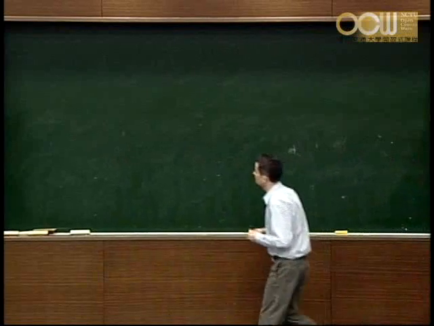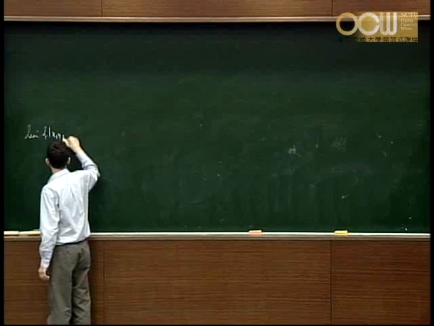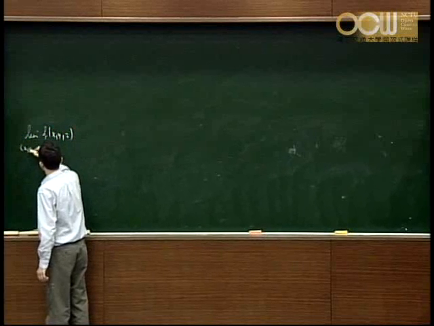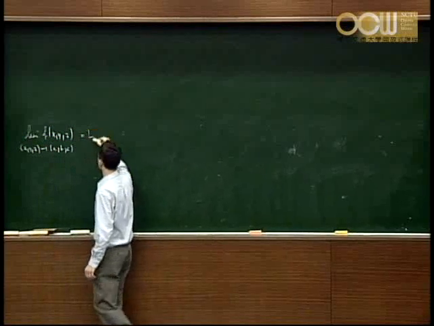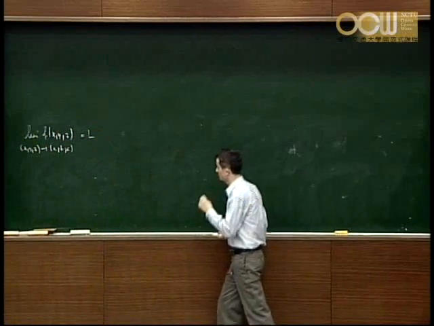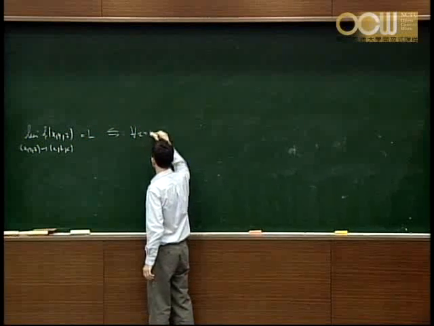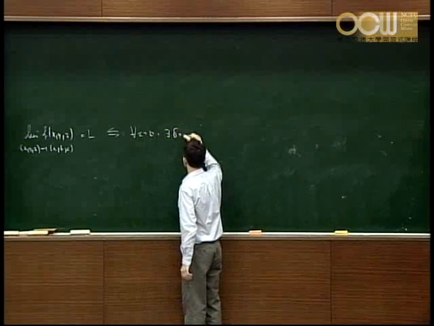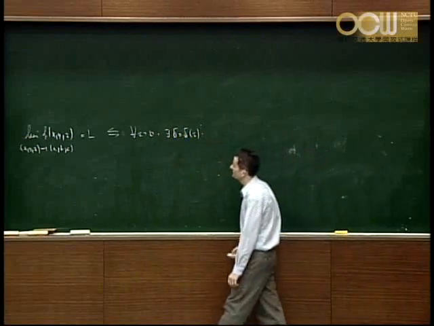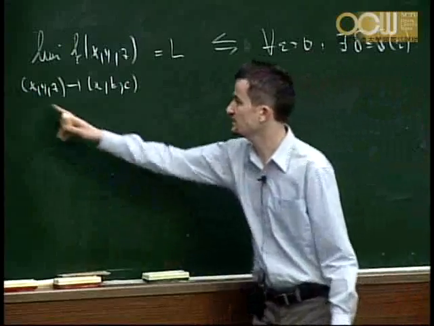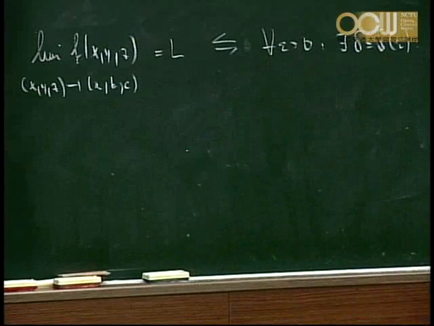So we will define, for instance, if you have a function of 3 variables, we will define this limit relation as: for all epsilon larger than 0, there exists a delta, which might depend on epsilon, such that if x, y, z is close enough to this point here, and we use the Euclidean distance to measure this.